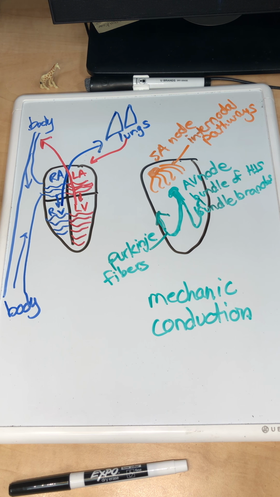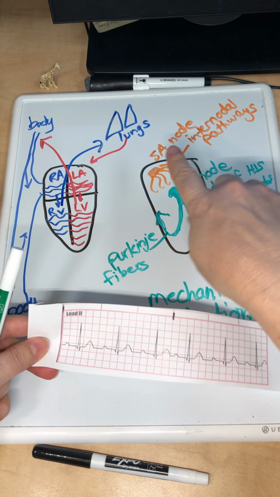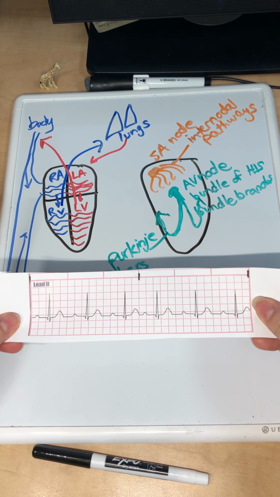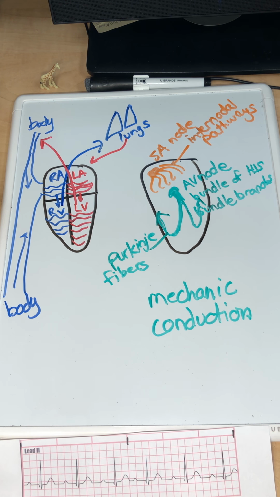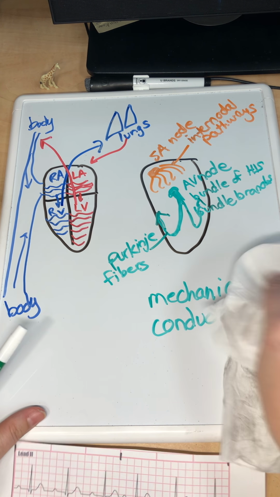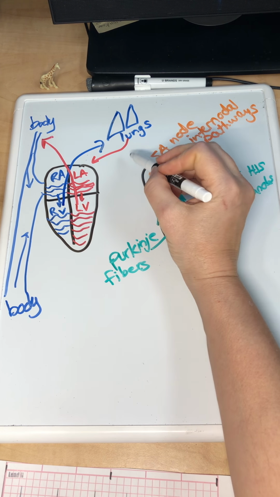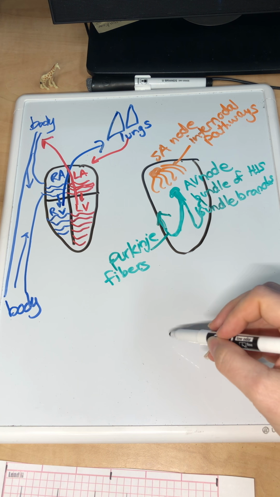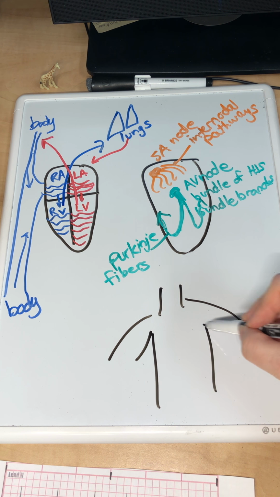Let me show you. You're probably wondering, well, how is it that the electricity traveling through this pathway ends up looking like this? How does this equal this? Well, I'm going to tell you. You know how we put leads on our patient's body, right?